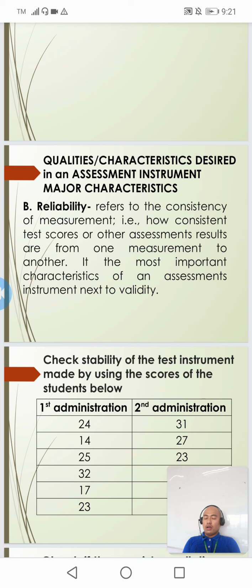It is important to note that the length of a test can affect internal consistency reliability. The length of the test, so the number of items that we are giving in a particular exam. For example, a very lengthy test can spuriously inflate the reliability coefficient. Yun yung rason.